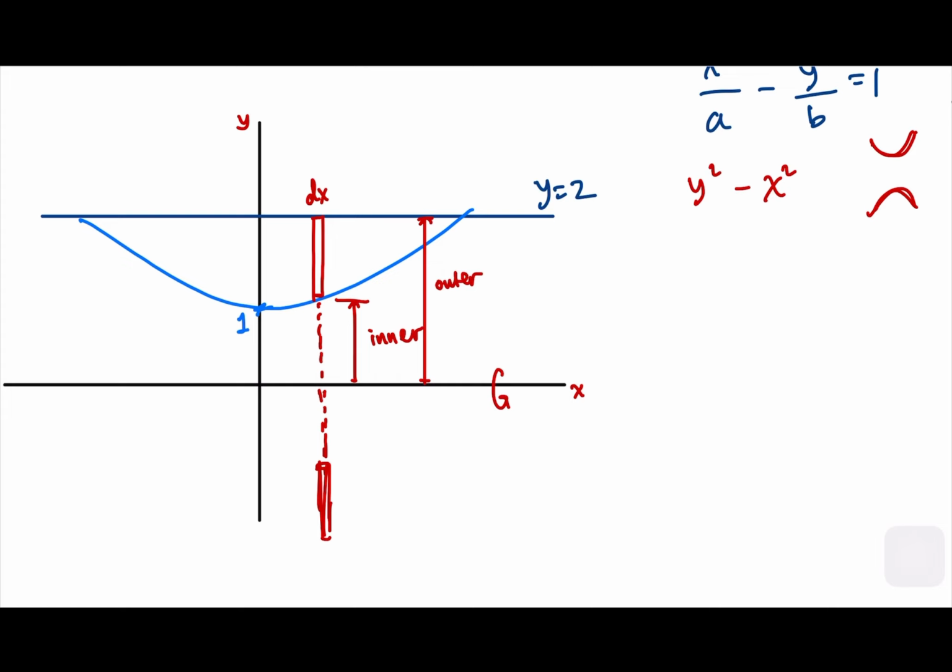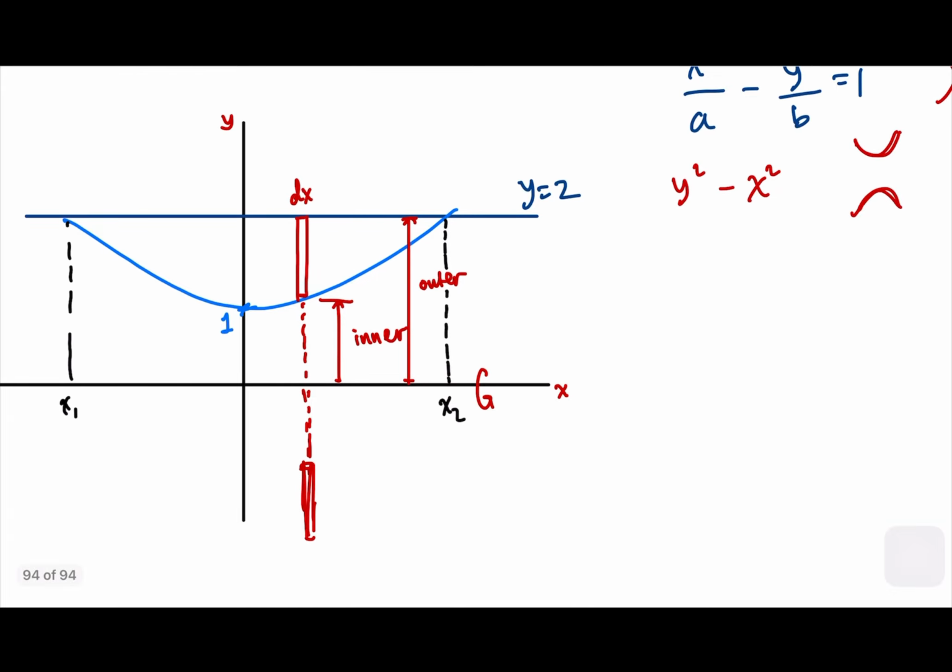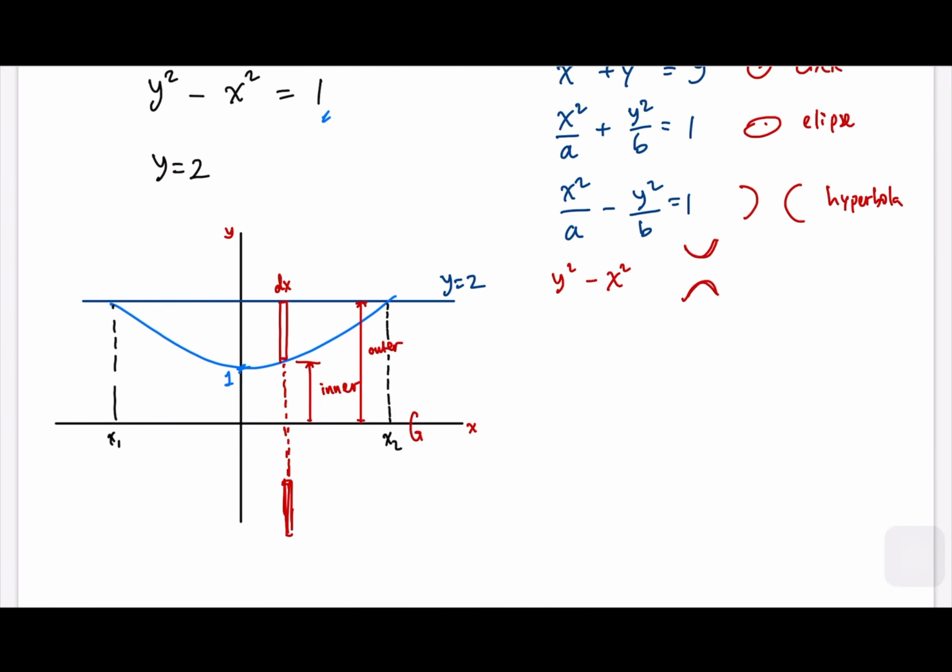Now, before we start to calculate the volume, we can find what this x is. So we need to find this x2, x1. Let's write down the equations. y equals 2, and then y squared minus x squared equals 1. So 4 minus x squared equals 1, and x squared is 3.